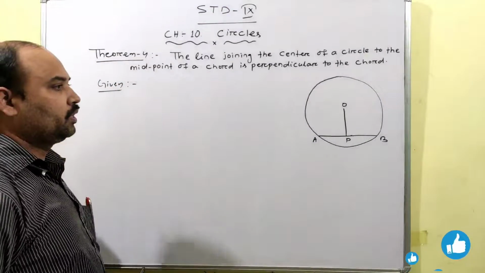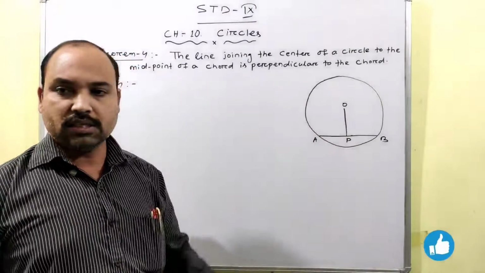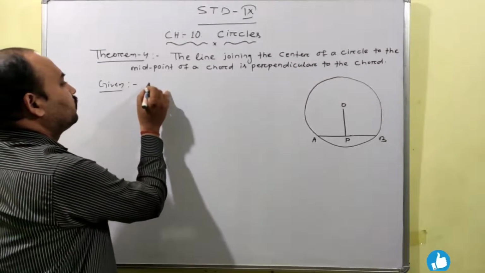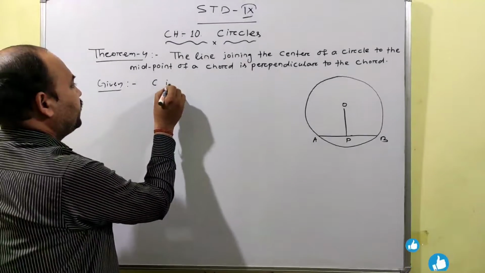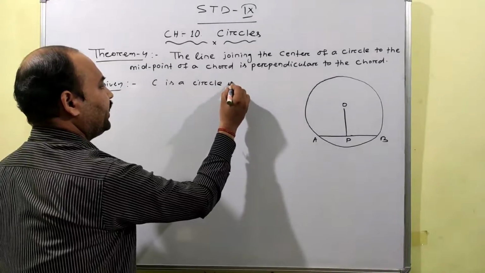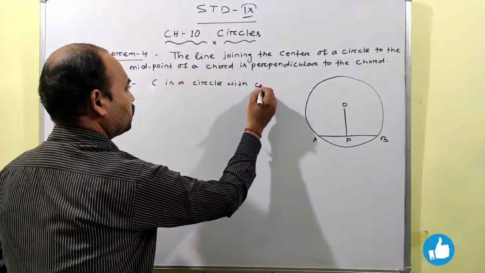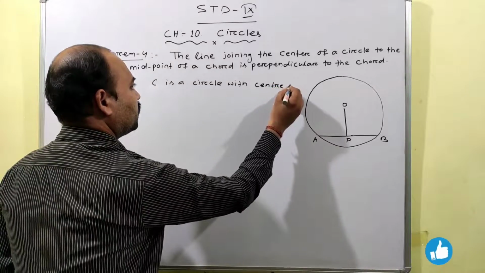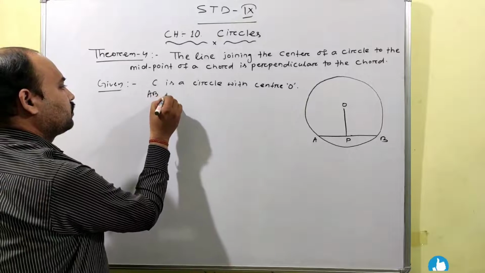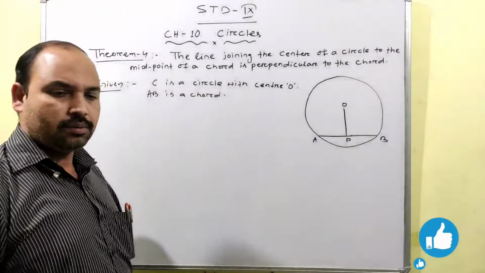Given. When it is a circle, first we will write that C is a circle with center O. Then AB is a chord.